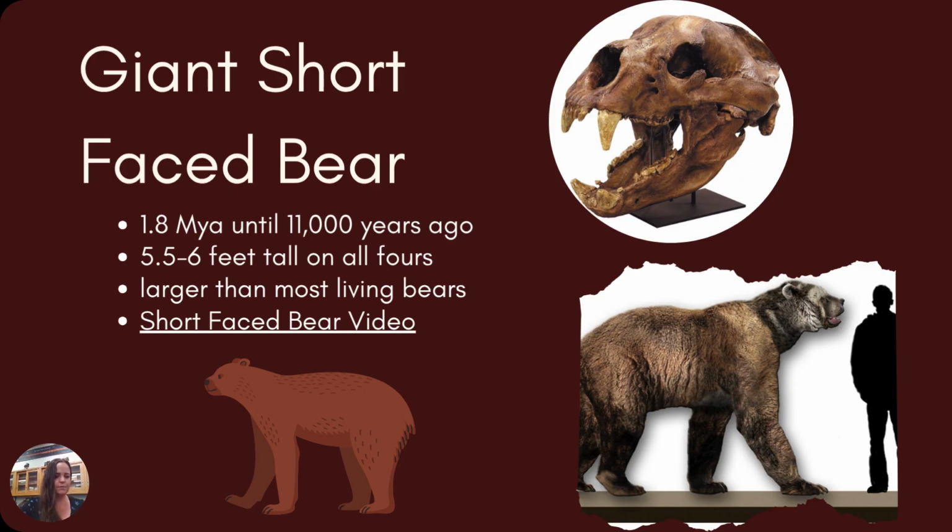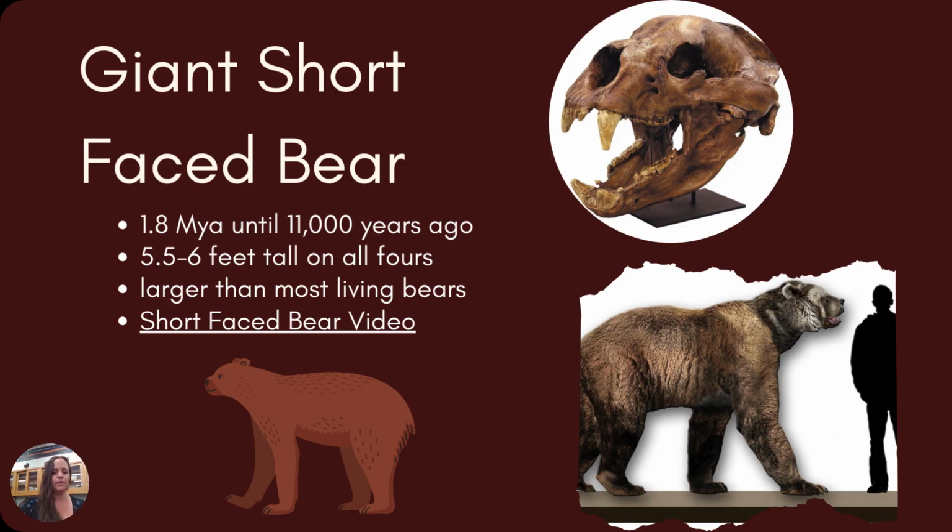The giant short-faced bear is similar to the bears that we see on Earth today, but it's much larger. It is about twice the size of a grizzly bear. It stands at about 6 feet on all fours.